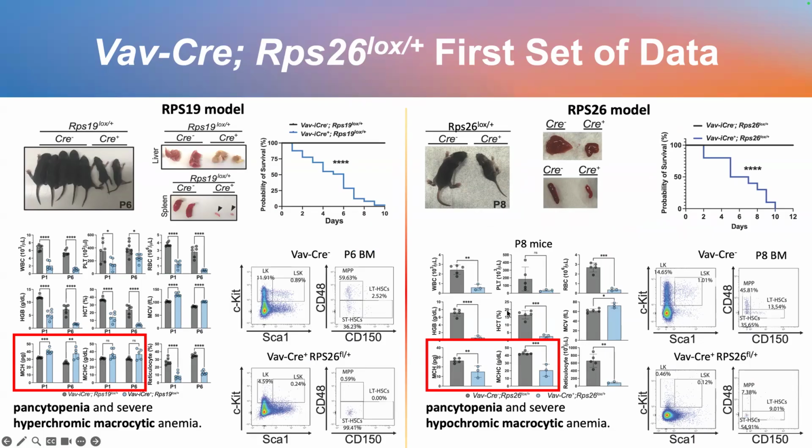We still have an increased MCV compared to the RPS19, and a decreased retic count. However, the MCHC is down, the MCH is down, hypochromic and microcytic. And that we're going to look at. The spleen is smaller, but we don't know why.